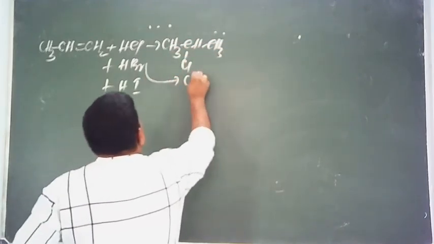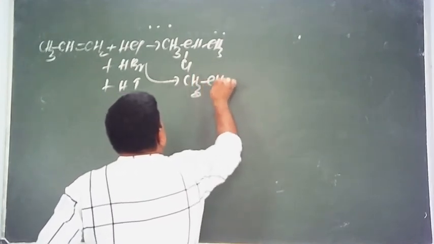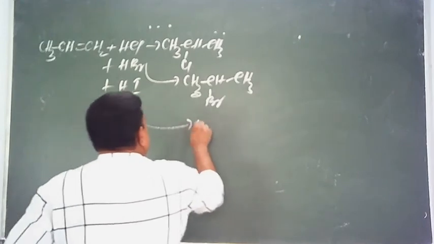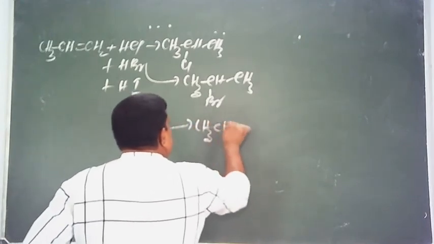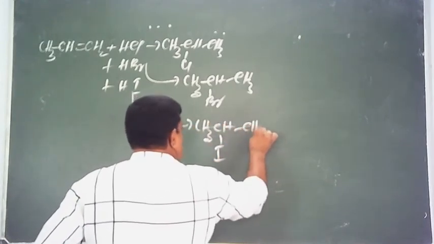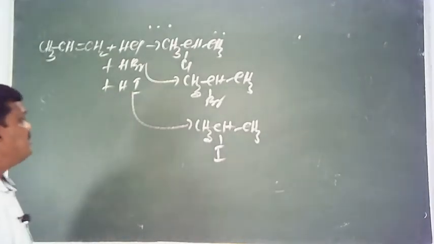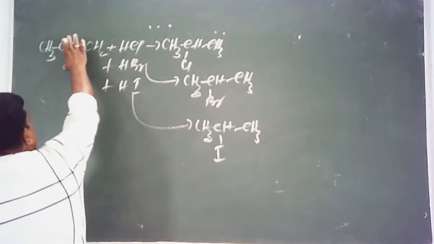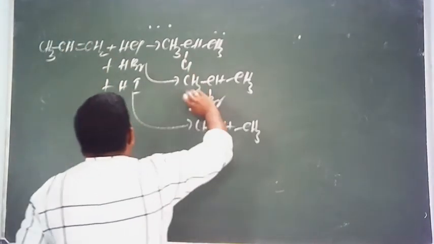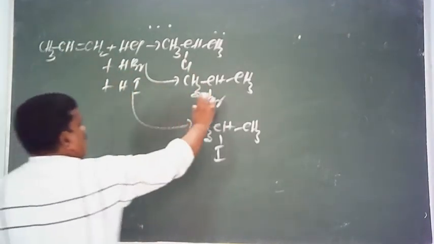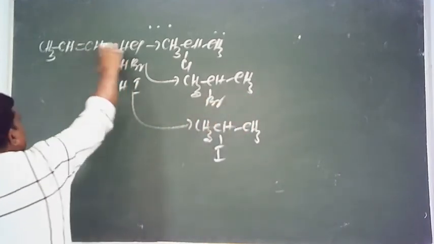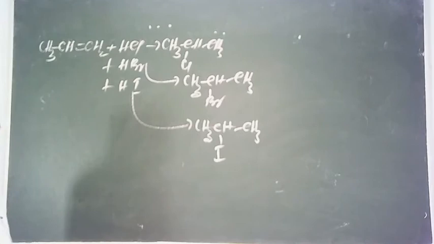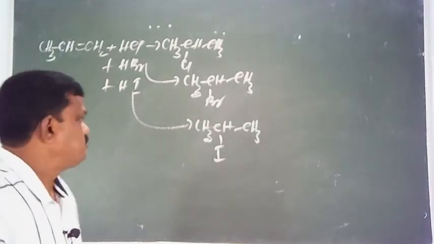In this case, we get CH3 CHBr CH3. In this case, we get CH3 CHI CH3. Propene with HCl gives 2-chloropropane, with HBr 2-bromopropane, with HI 2-iodopropane. Addition is in accordance with Markovnikov's rule.